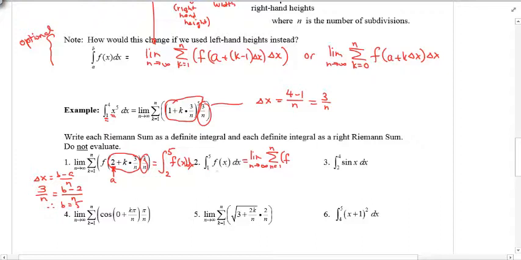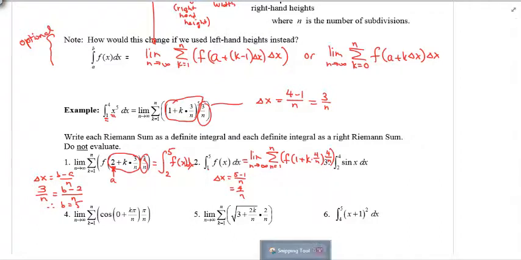My a value, I'm starting at 1, so it's f of 1 plus, and I'm going to have this k times, and now what's this b or delta x? Delta x, once again, is b minus a over n, in this case 4 over n. So 1 plus k times 4 over n. Okay? And then don't forget to multiply by the delta x, so an extra 4 over n, and close the bracket.